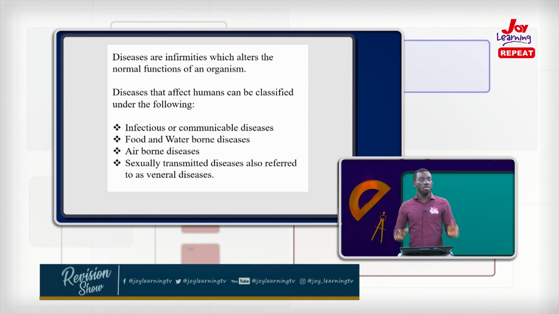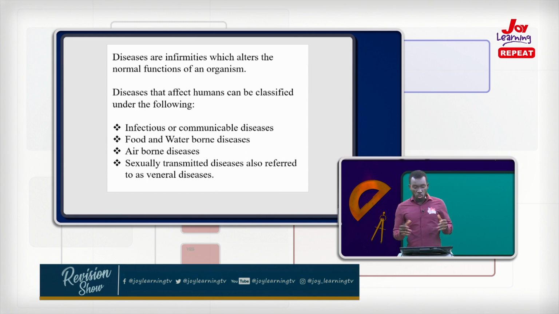So it can be moved from one person to another. One typical example of this kind of disease is what we currently have as COVID-19 or coronavirus, because in as much as somebody may have the disease, if you communicate with a person at a very close distance, then definitely the person has the ability of transporting the virus from him to you.